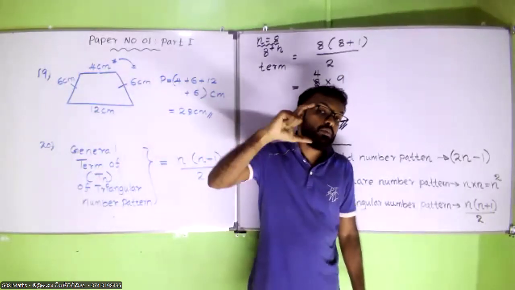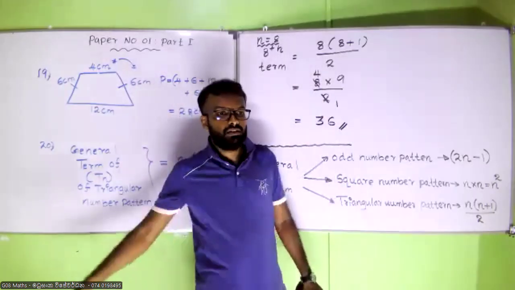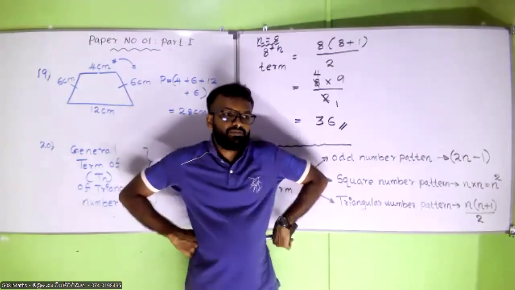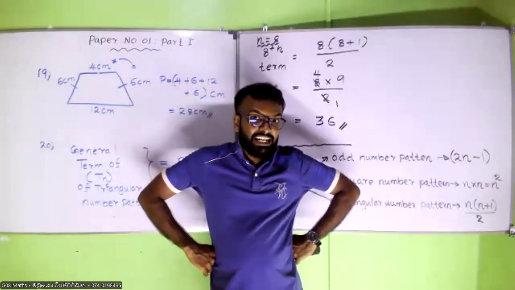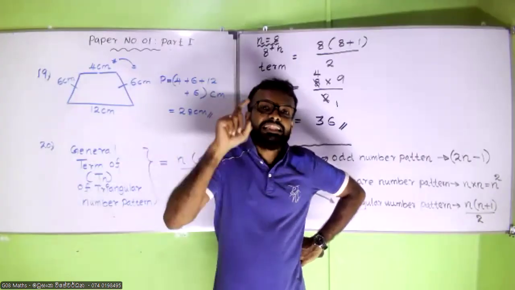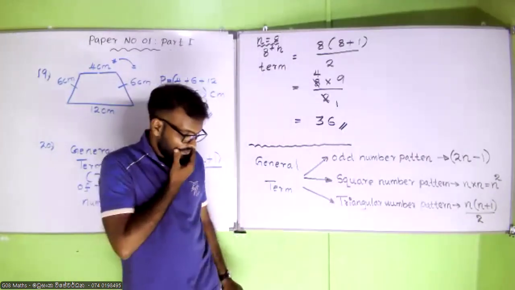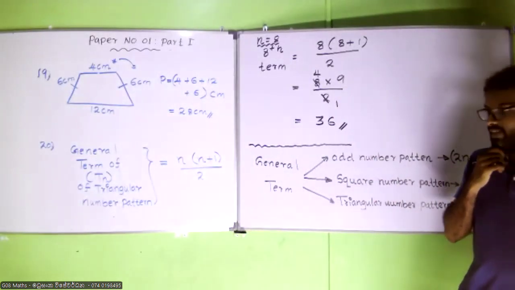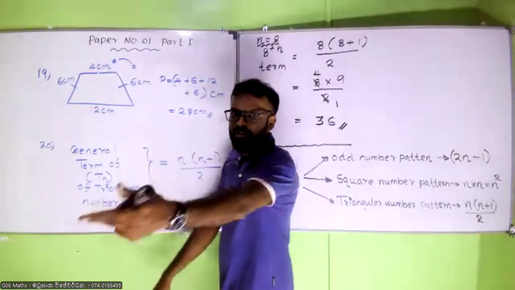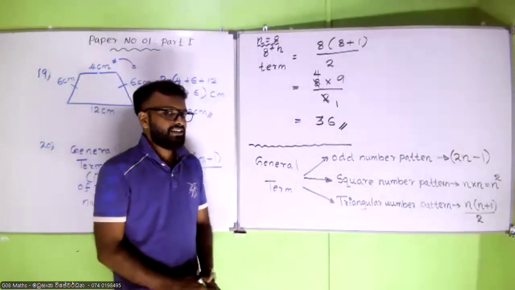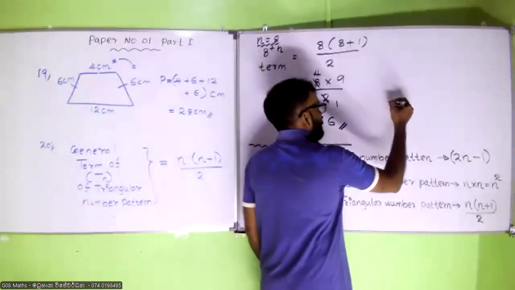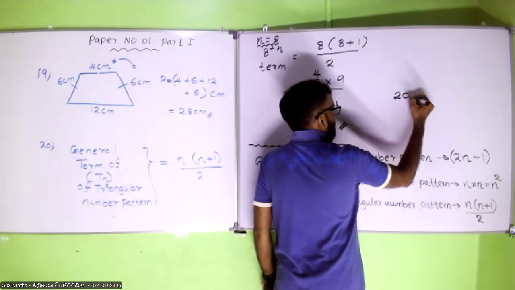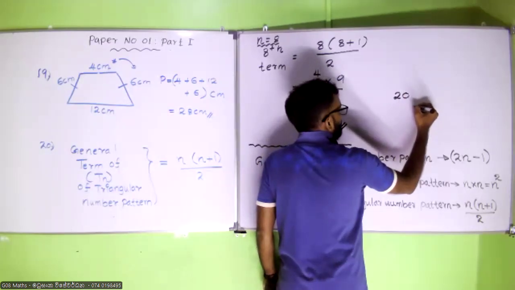What is the general term of multiples of 30? Don't think too much. Multiples of something. 13n. Right? What is the general term of multiples of 20?